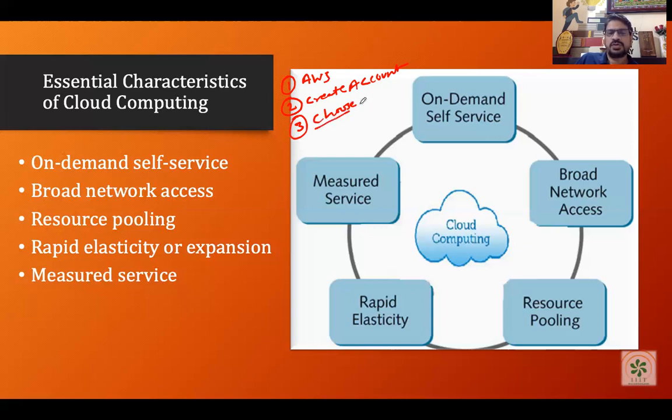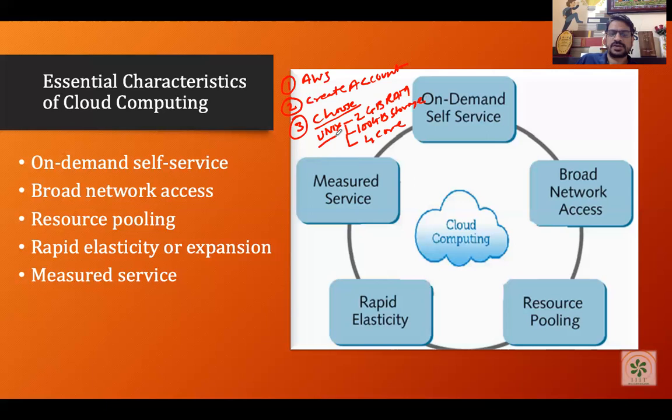Let's say I want to use a Unix operating system with, let's say, 2 GB of RAM, and 100 GB of storage, and I require 4 cores, right? This is my configuration.